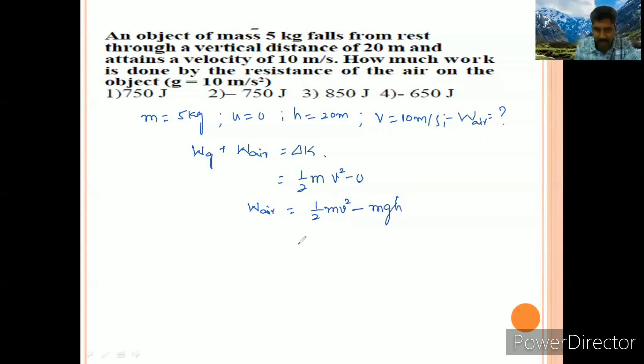So half m value 5, v value 10, that is 100, minus 5, 10, h value 20. So this is 50, so 25 means 250 minus 1000.